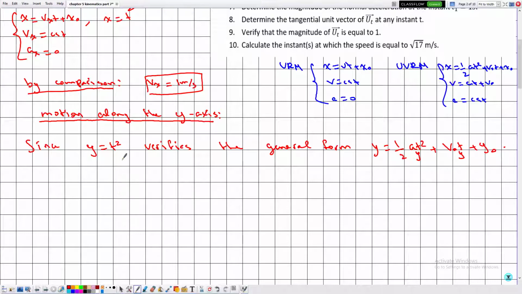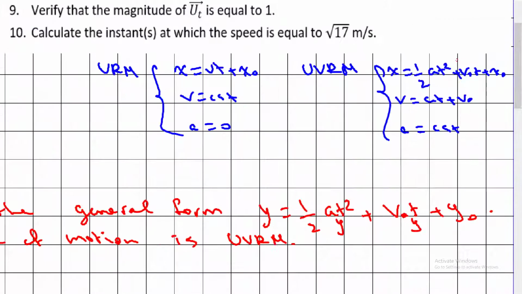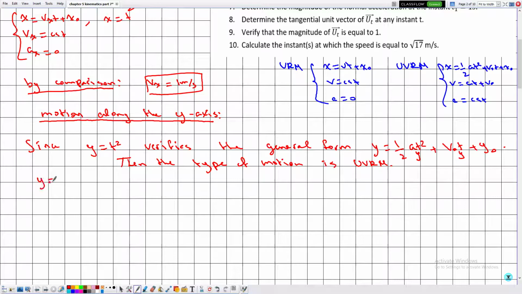In this case, then the type of motion is UVRM, and directly we can use the following equations of motion: y is equal to half ay t squared plus v0y t plus y0, and vy is equal to ay t plus v0y, and ay is equal to a constant, in which the given time equation is y is equal to t squared.